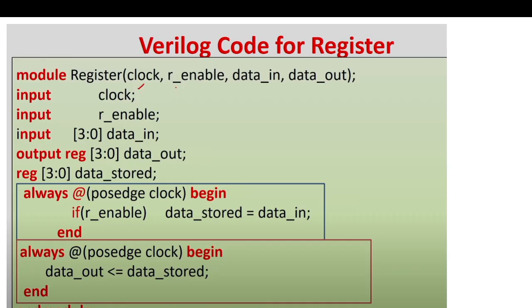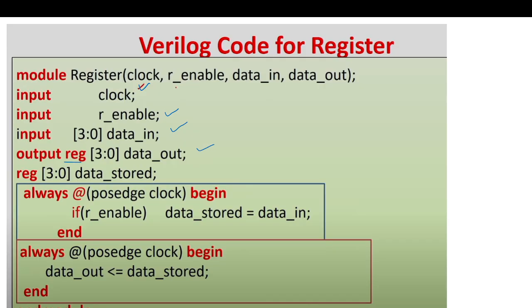So the Verilog code for this register. If we assume that we want 4-bit data, we need a clock, and say an enable signal, and a 4-bit register, so 4-bit input and 4-bit output register.